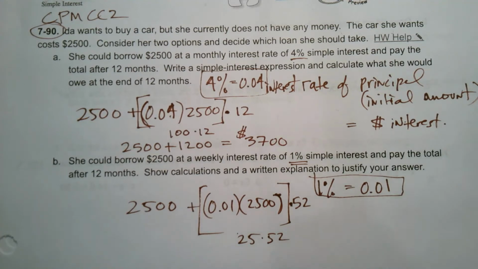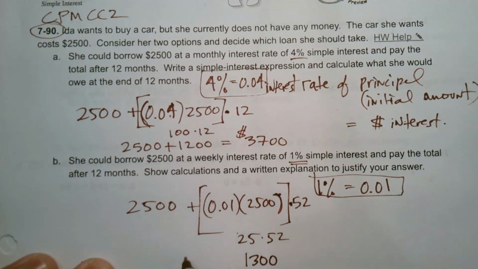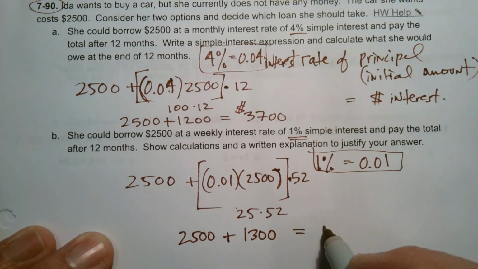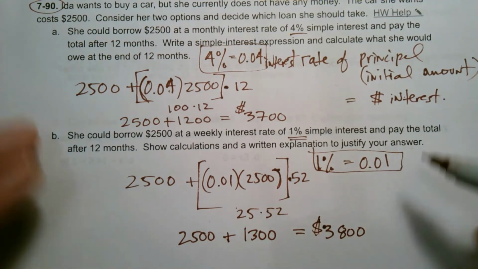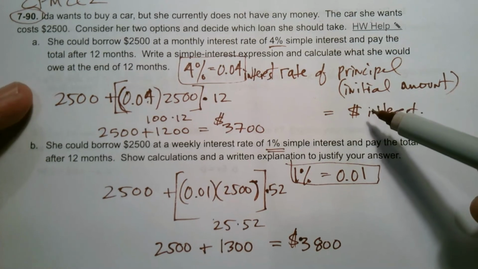Yeah, it's 1,300. So it's the initial amount plus the interest, in this case 1,300. So my total will be $3,800 after this loan.